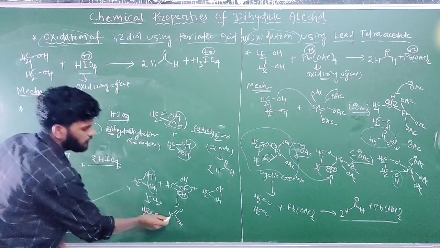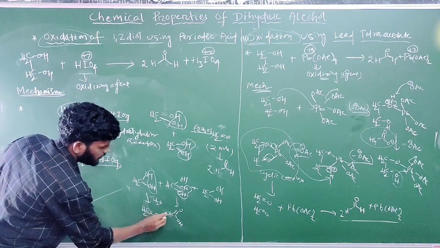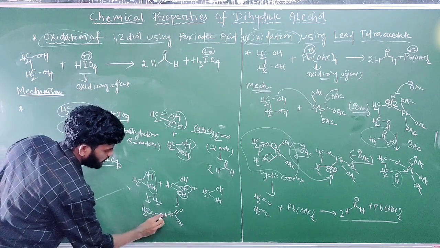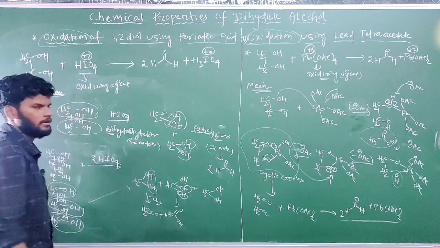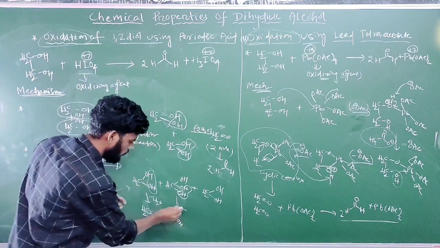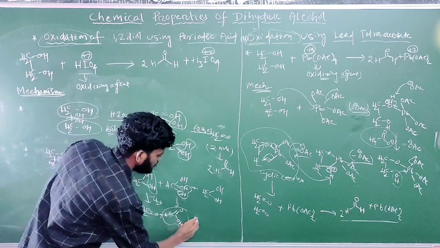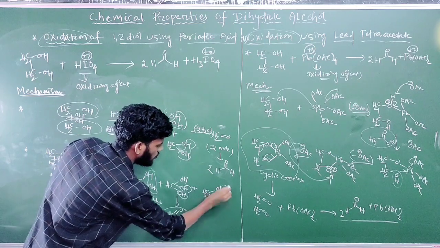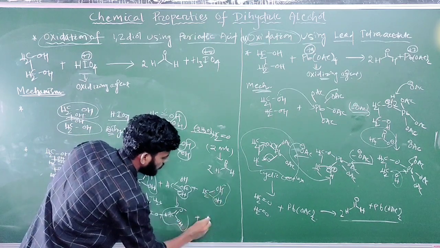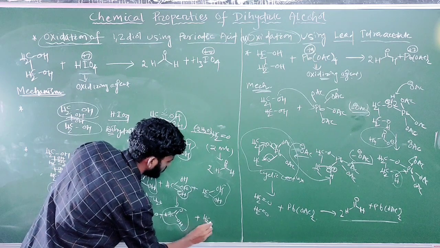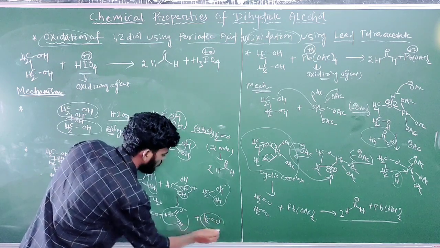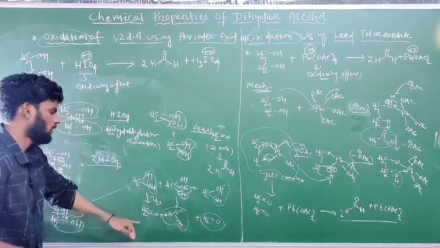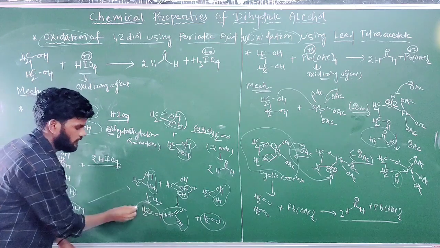What is this product's name? Formic acid, HCOOH. And here the HOH water group is released and it forms CH2=O, formaldehyde. So 1 mole of formaldehyde from this and 1 mole of formaldehyde at this step.